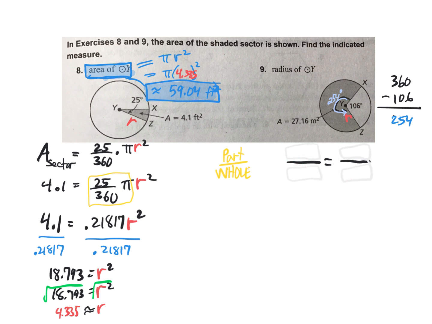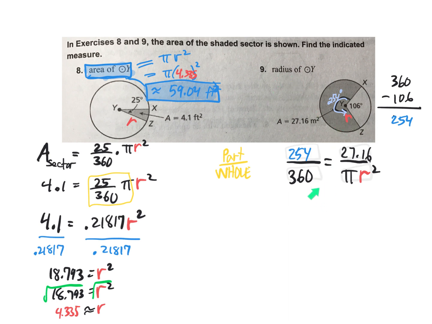So let's try that. Let's see what happens. 254 degrees is a part central angle divided by a whole central angle of 360. And then over here, we can take this gray shaded region, which is 27.16, and say that is part area when the whole area is the area of a circle, which is pi radius squared. And remember, we're trying to find the radius r.